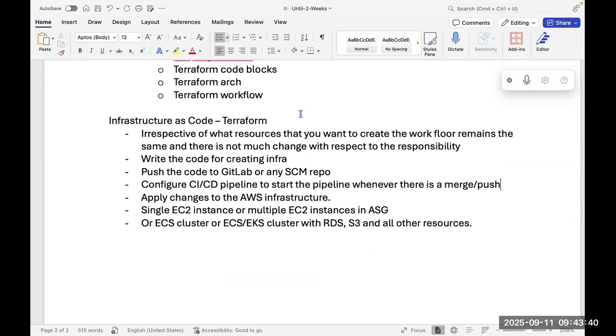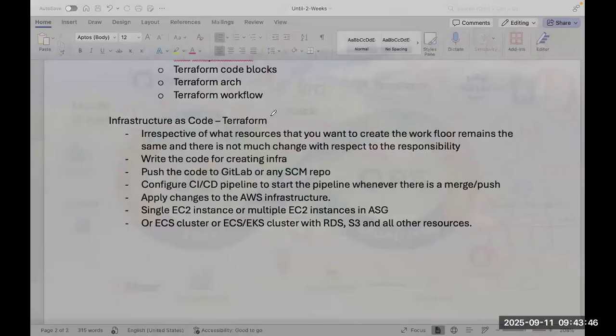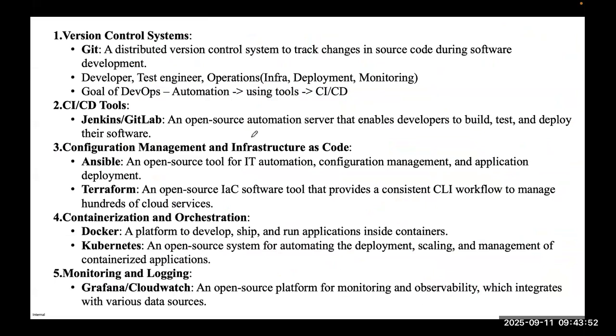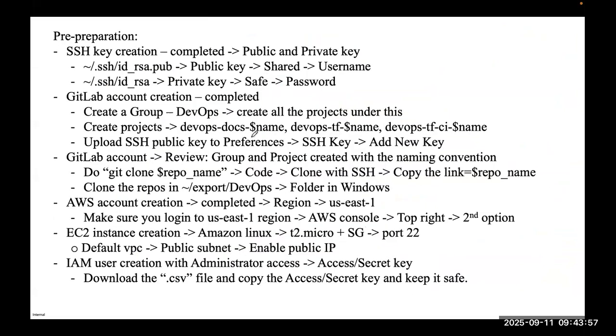Okay. Since Terraform has high weightage, I would like to go back and explain a few things in the Terraform. So this is pretty much whatever we have discussed so far.